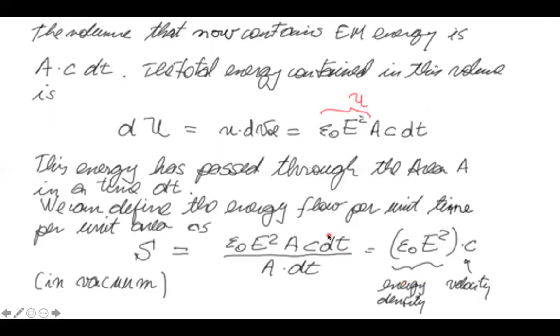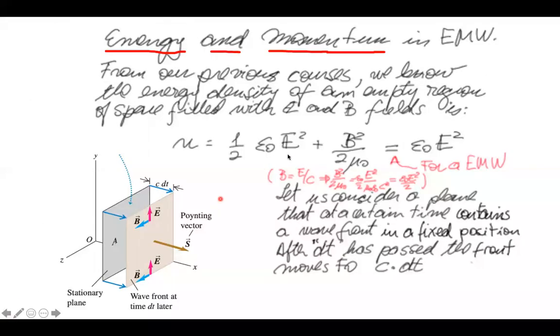For an electromagnetic wave, the energy in the E field, a half epsilon naught E squared, must equal the energy in the B field to get the same energy. So the energy contained in the E field and in the B field are the same. That's why you get this expression at the end.